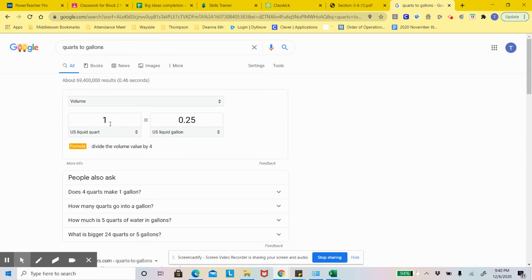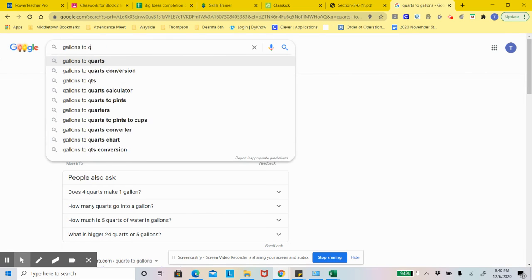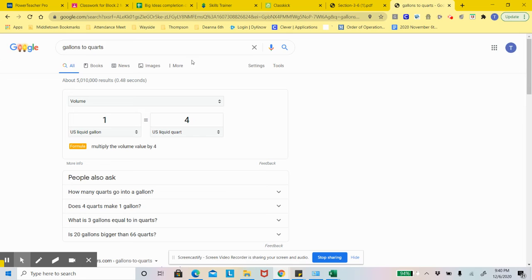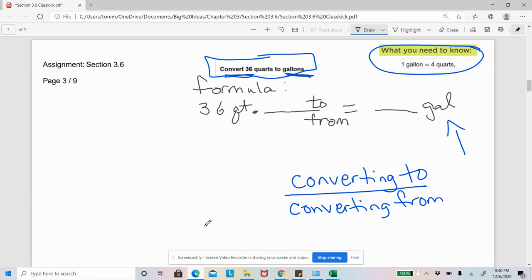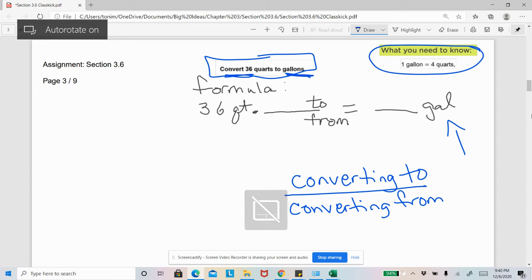Now, if you don't like the way that this looks and you want to see if you can convert it into whole numbers, try gallons to quarts, because either way will work. And I like this one better. So 1 gallon is equivalent to 4 quarts. And I believe that's what we had before. So either one works.